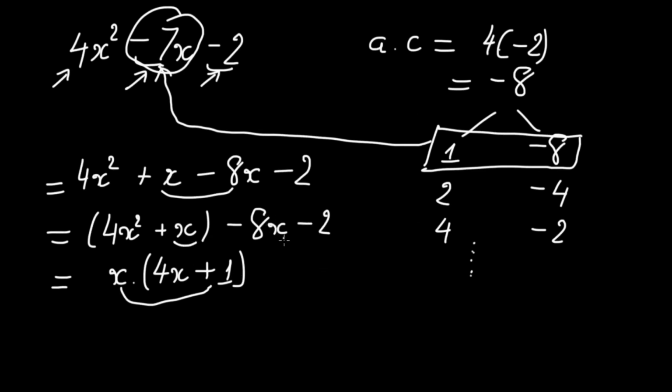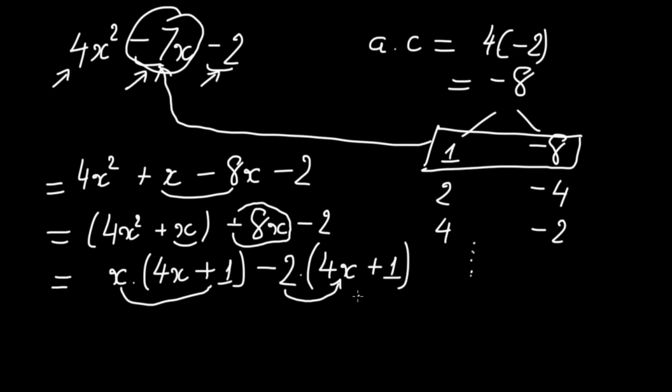Right here we put the negative sign down, and then you see 2 is the common factor. We put negative 2. Then inside we have 4x, right? Negative 2 times 4x, you get negative 8x right here, right? Right here we put plus 1. Negative 2 times 1, you get negative 2 right here.